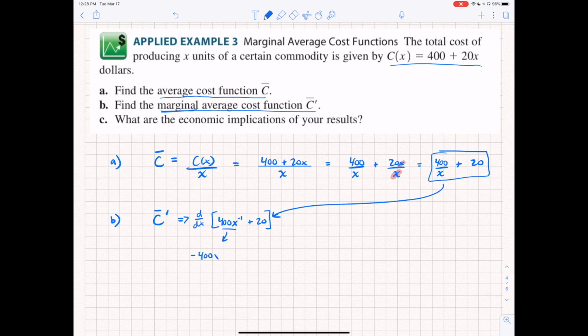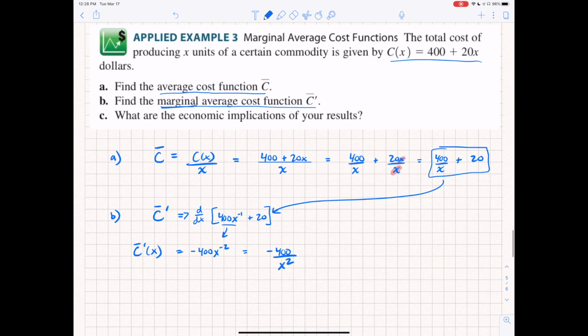Negative 1 comes down, subtract 1. The derivative of 20 is a constant, so the derivative is 0. And so this is my marginal average cost function, negative 400x to the negative 2. And to make it a little bit more useful, I'm going to rewrite it as negative 400 over x squared. And so that is our marginal average cost function.